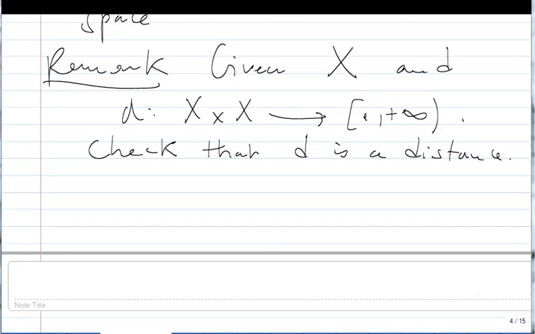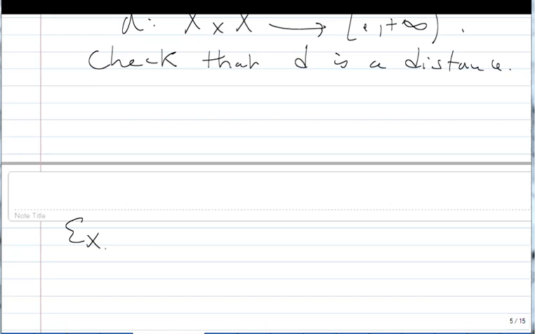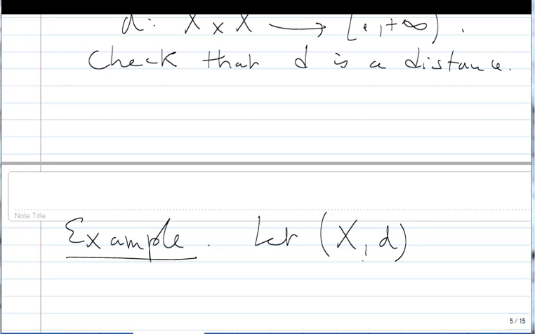And consider the new function rho defined from X cross X into 0 to plus infinity, by rho of x, y equals the distance from x to y over 1 plus the distance of x, y.